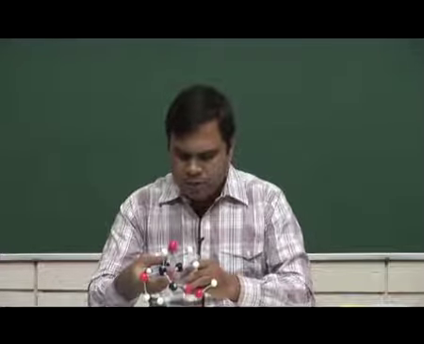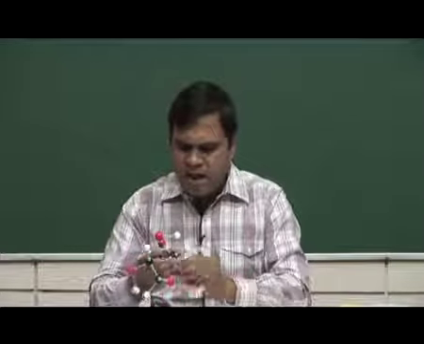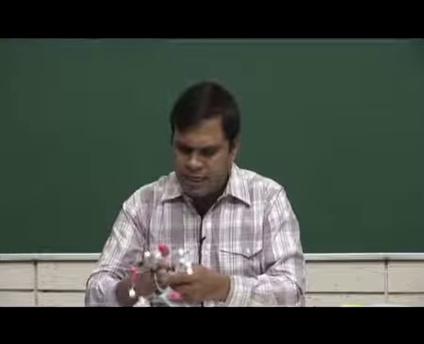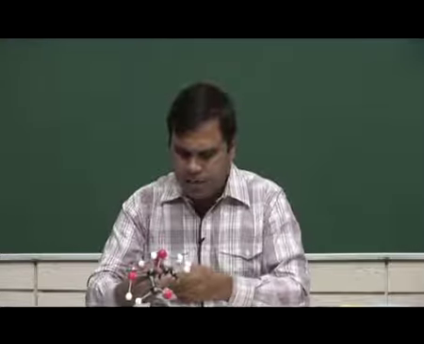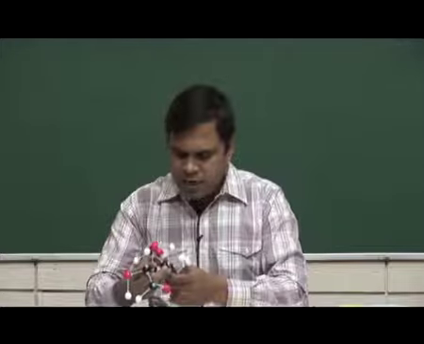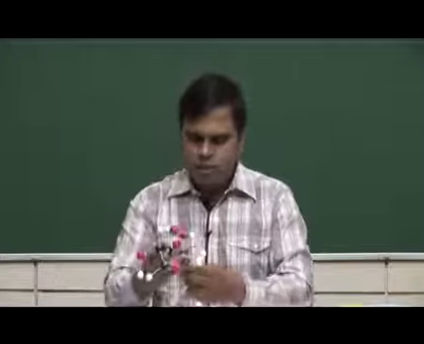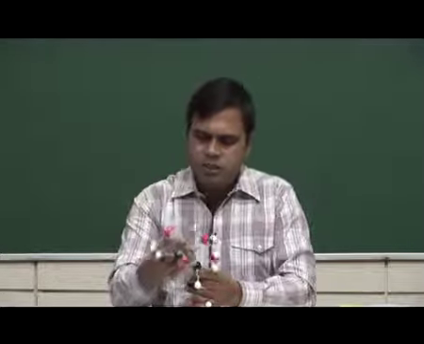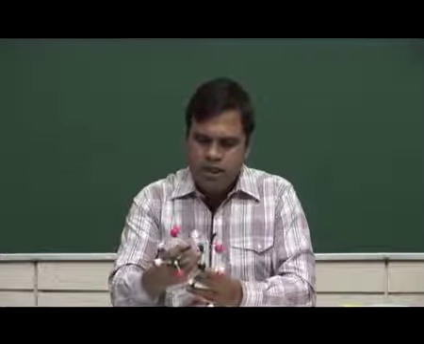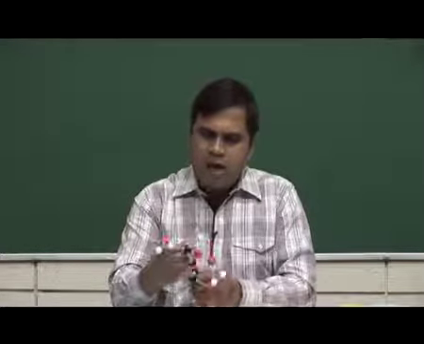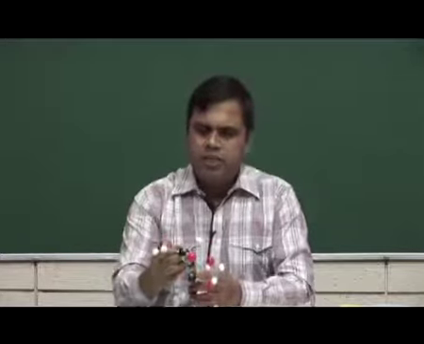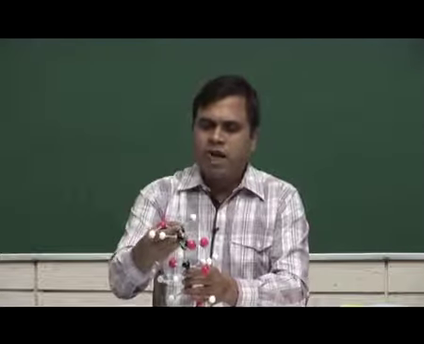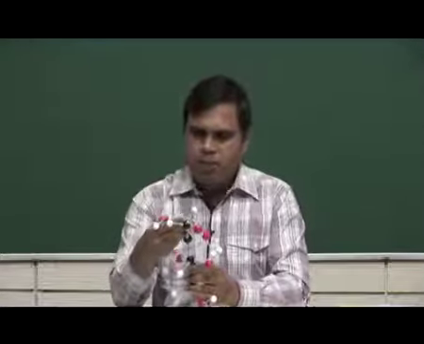and carbon number 5 has hydroxyl again on the right hand side of the carbon chain and hydrogen on the left hand side, and finally the last carbon, CH2OH, is attached. If you look at this molecular model, you can see how the aldehyde group is projecting away from us, whereas hydroxyl and hydrogen are projecting towards us.